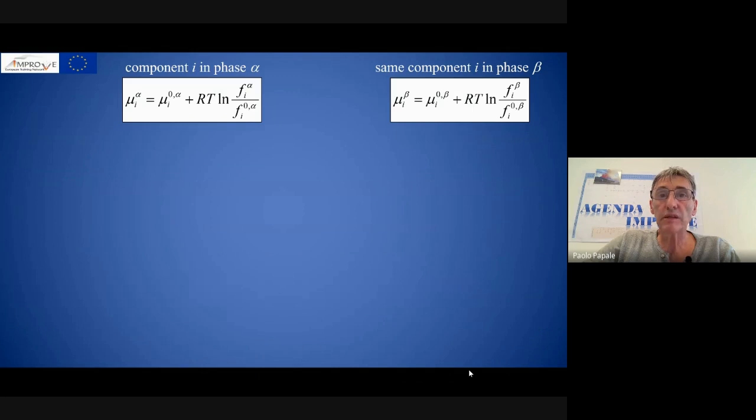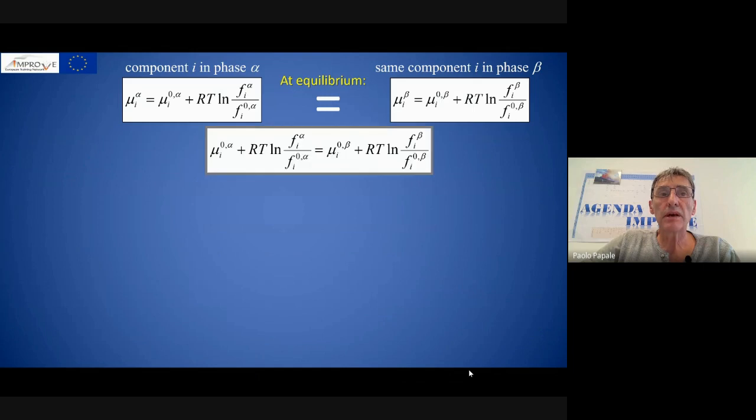Remember that it must be at the same temperature of the system, plus RT times the logarithm of the ratio between the fugacity of I in phase alpha at system conditions and in some reference state. And on the right side, we have a similar expression for the component I in phase beta. At equilibrium, the two chemical potentials must take the same value so we can equate the two expressions.